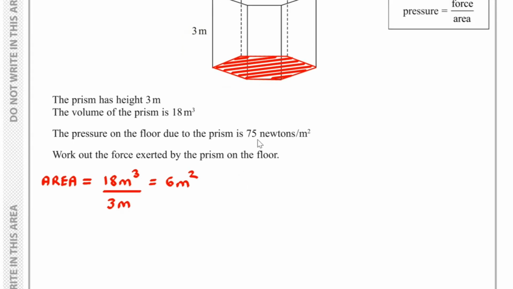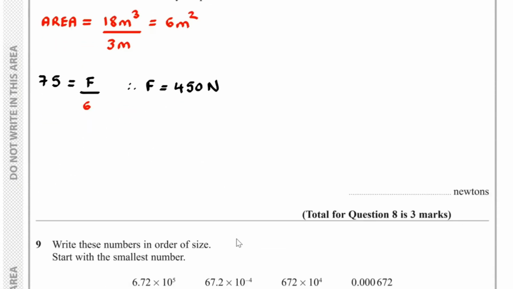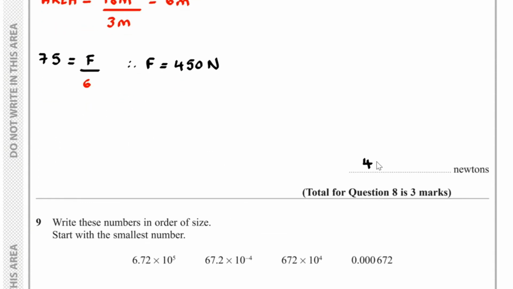Now we know that the pressure is 75, so we have 75 equals force divided by the area, which is 6, and therefore the force is equal to 75 multiplied by 6, which is 450. We've got 450 newtons as our force.